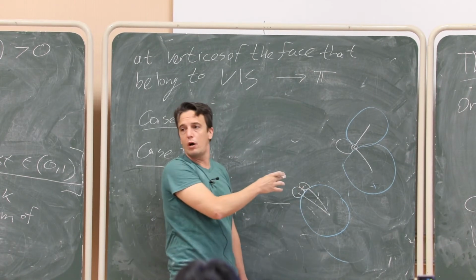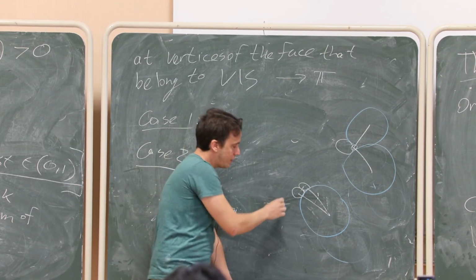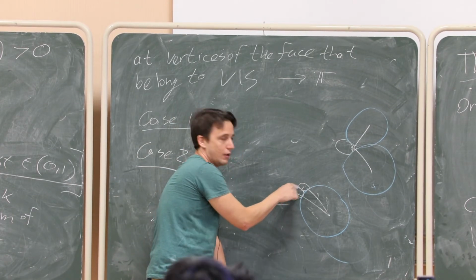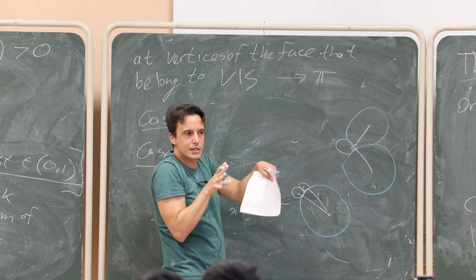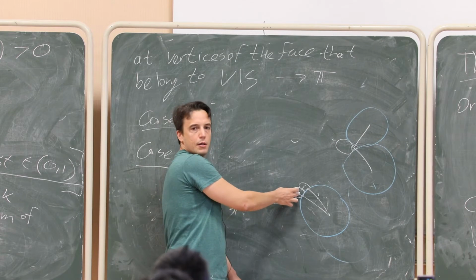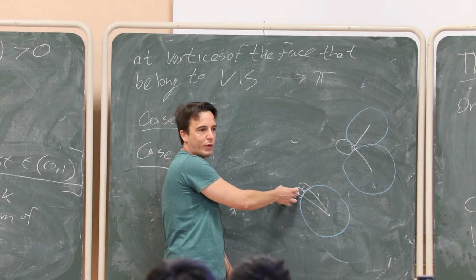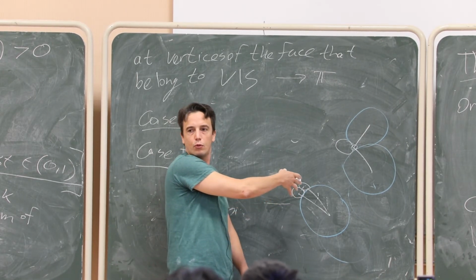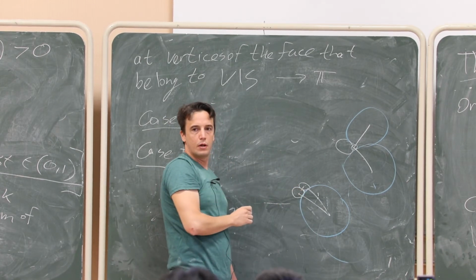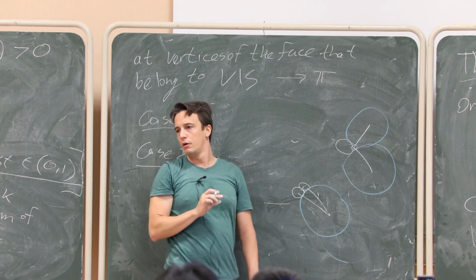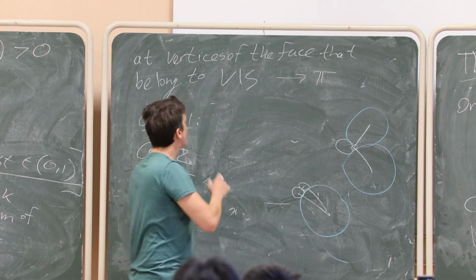Not that each particular one converges to pi over 2, because they can originally have different radii, and you're multiplying them by the same constant. So this one could be pi over 2 minus something, and this would be pi over 2 plus that same something. So it's not that this angle converges to pi over 2, but just that the sum converges to pi.